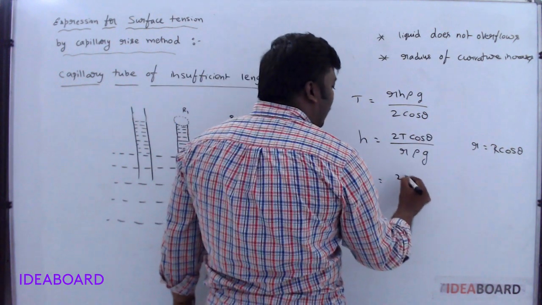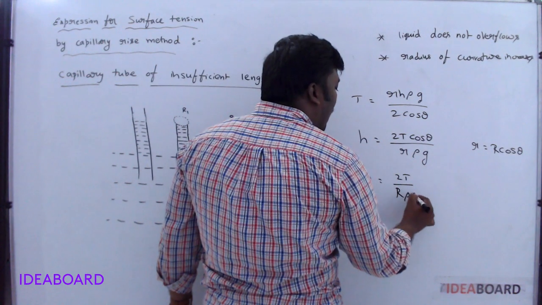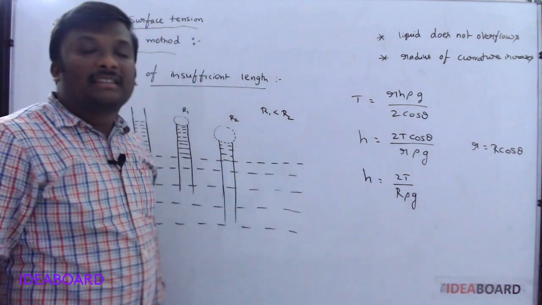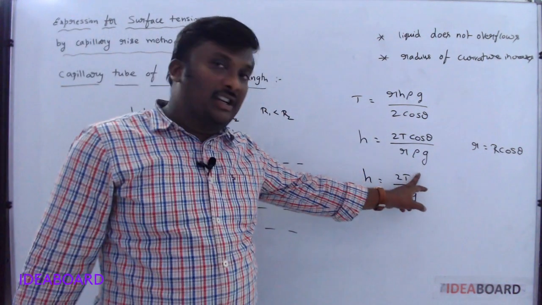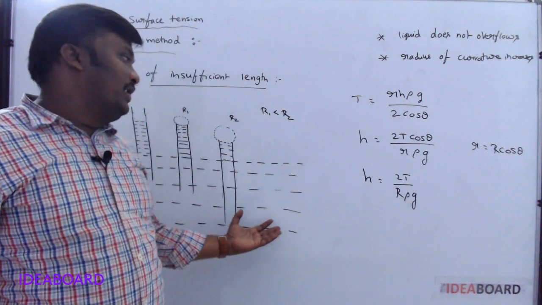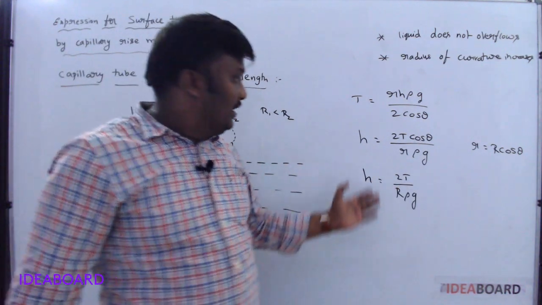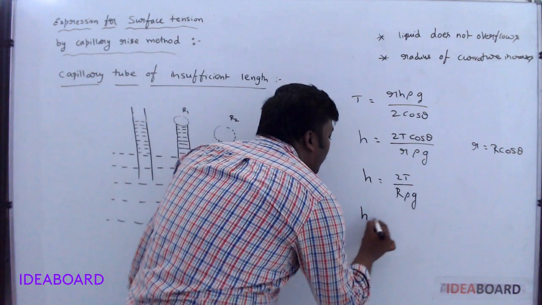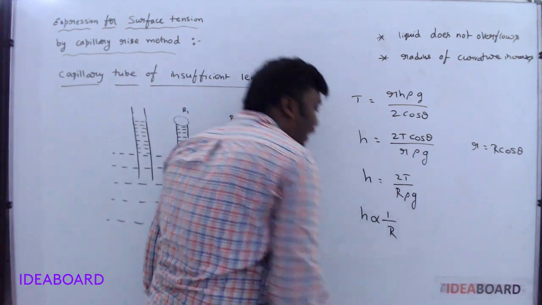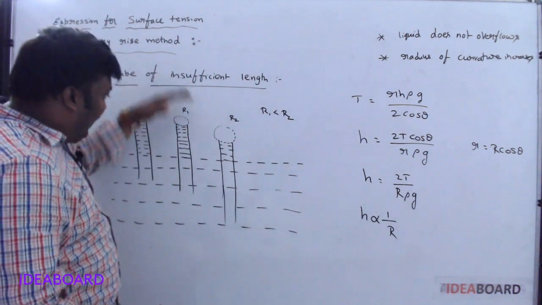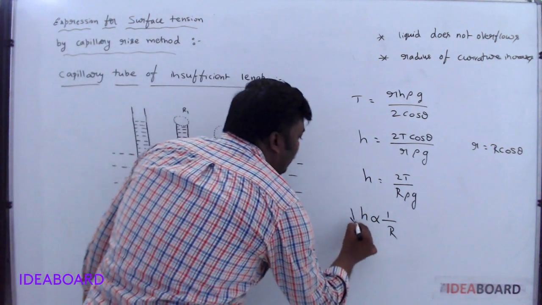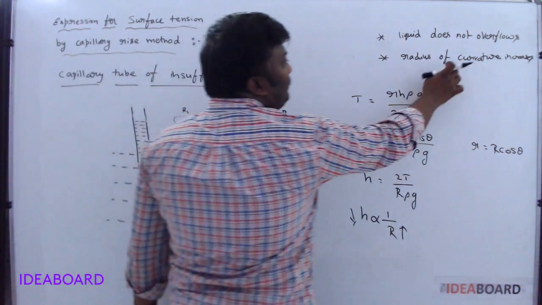Cos theta cancels. 2T by R rho g. Surface tension always remains constant. Density of the liquid does not change. g is constant. So h is inversely proportional to 1 by R. So if h decreases, the radius of curvature increases.